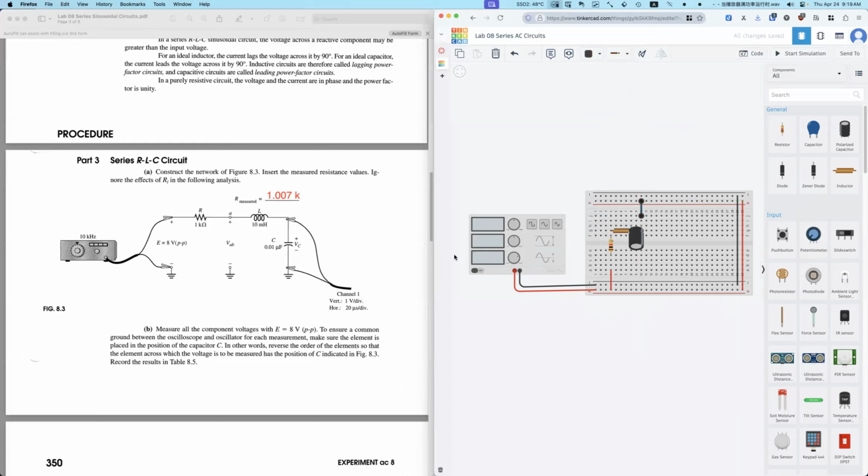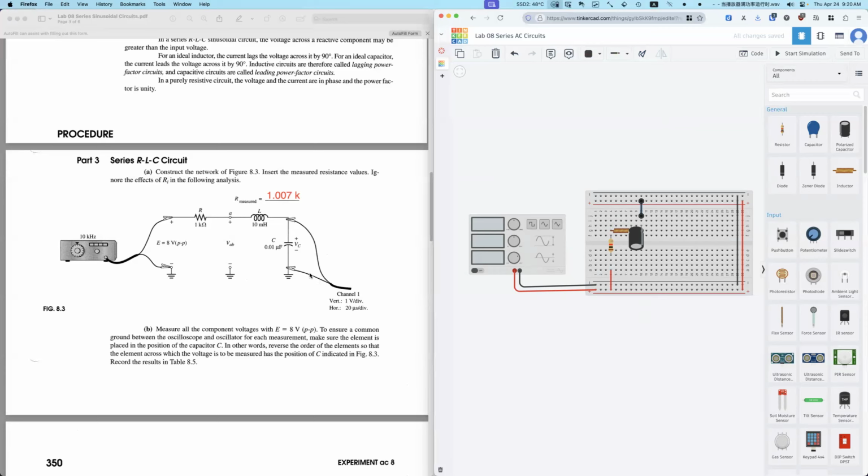Then the last thing: we need to measure the voltage across each component, VC, VL, and VR. For the real lab, we can only measure one component at a time. This is what we said before. It's because for the oscilloscope, the black wire is already connected to the ground.